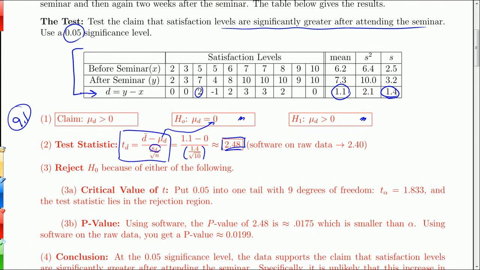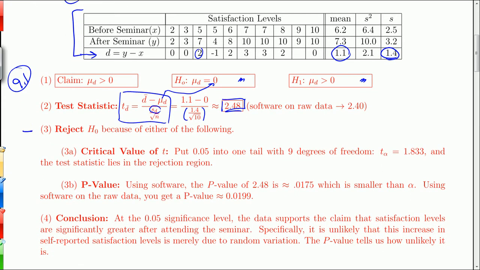And now we have to determine whether or not we reject the null hypothesis. We're using the critical values. Remember, this is a t-test, so I need 0.05 in one tail, 9 degrees of freedom. That came from n minus 1, because n equals 10. There's 10 data pairs.